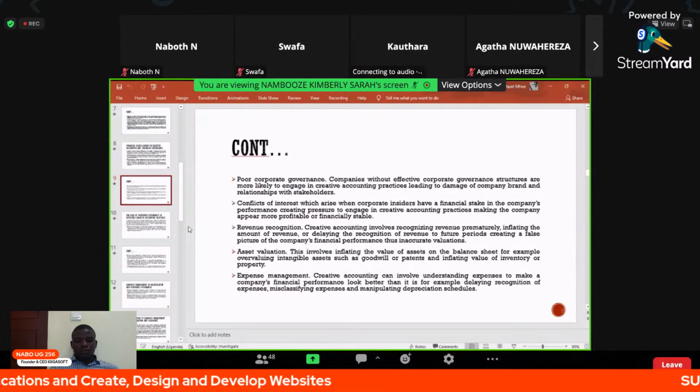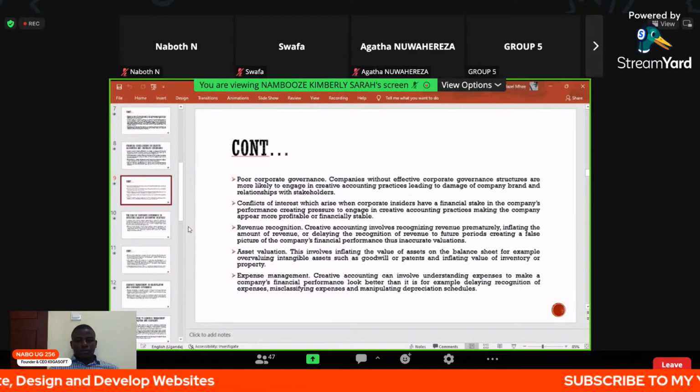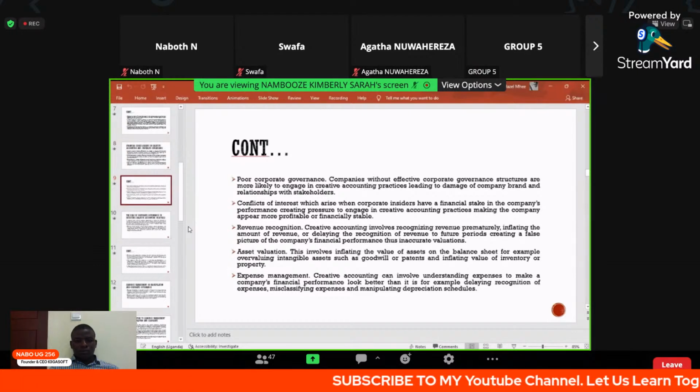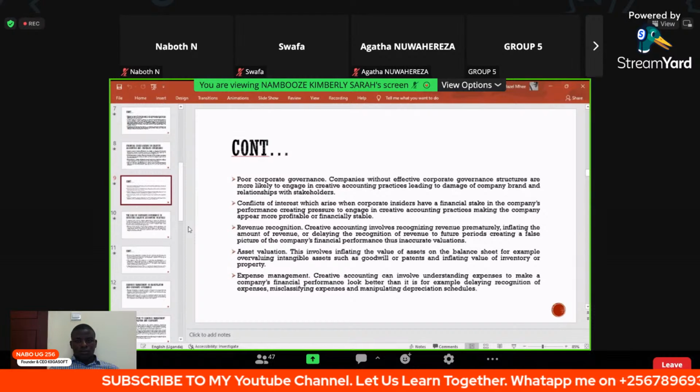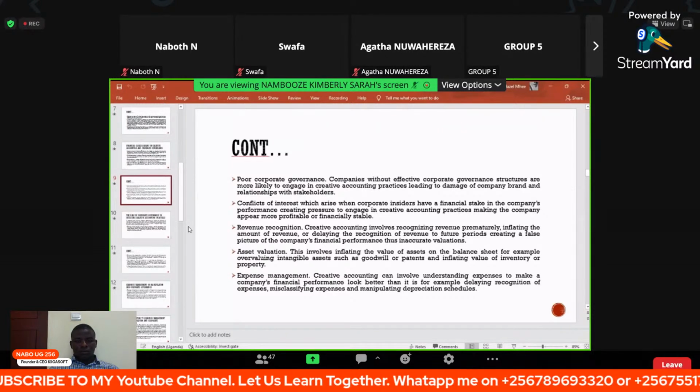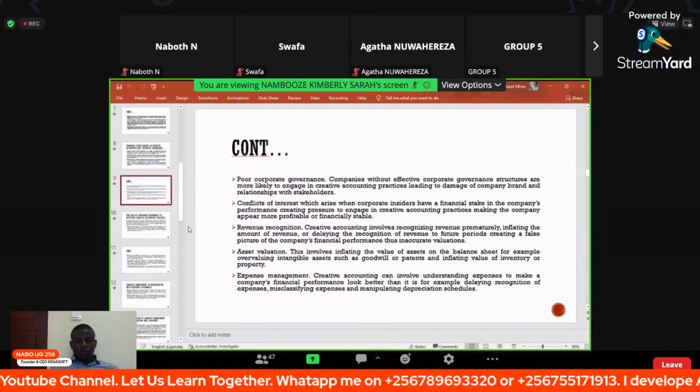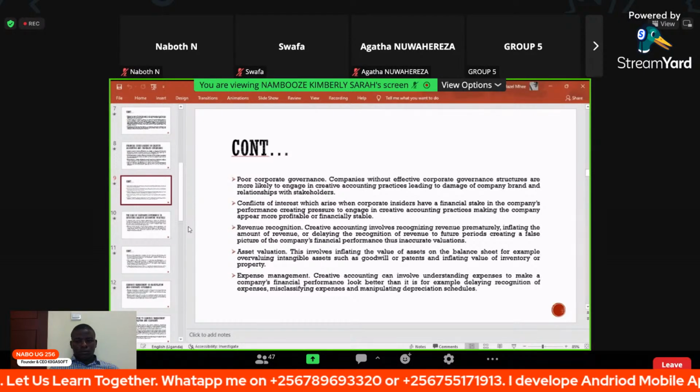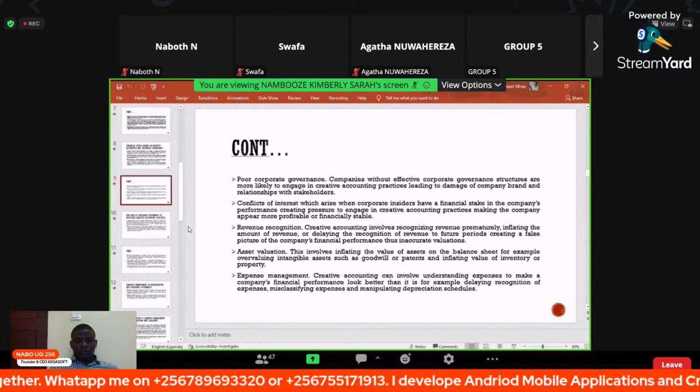Then the other issue is poor corporate governance. Companies without effective corporate governance structures are more likely to engage in creative accounting practices, leading to damage of company brand and relationships with the stakeholders.